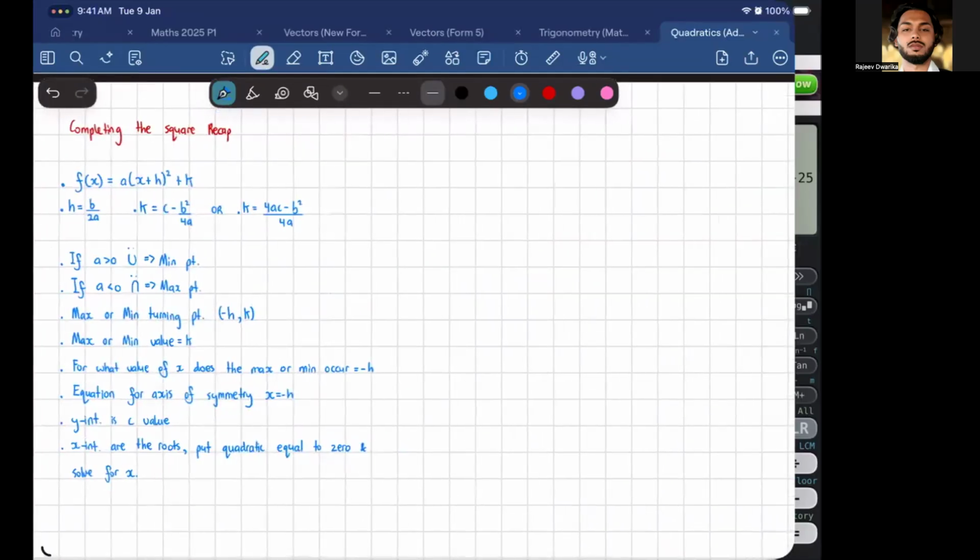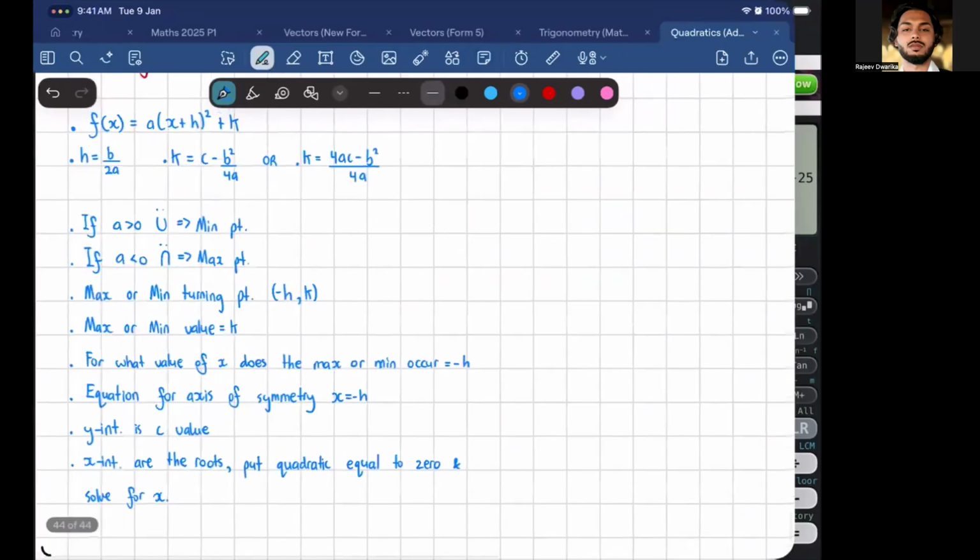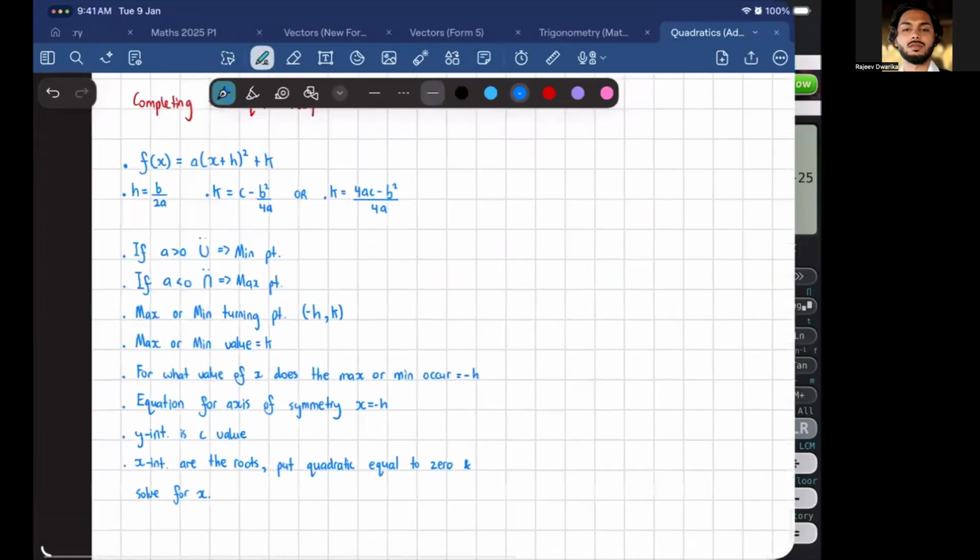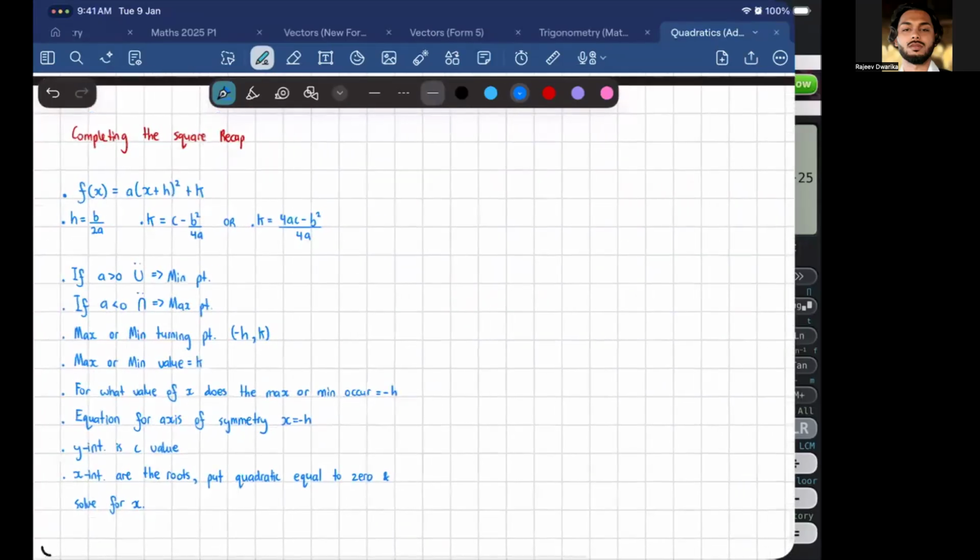That's the whole gist of it. So those are the main things you need to know for completing the square. So you all could copy this down one time, and we will do as much practice as needed, so that by the end of today, when we move on, you don't have any more questions about completing the square.